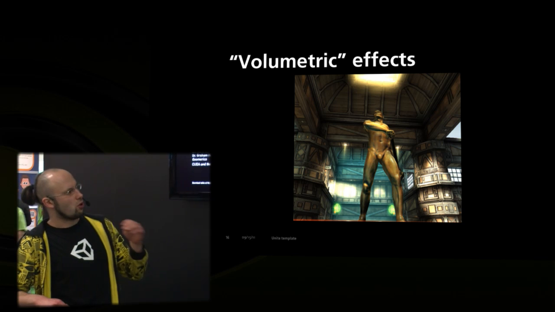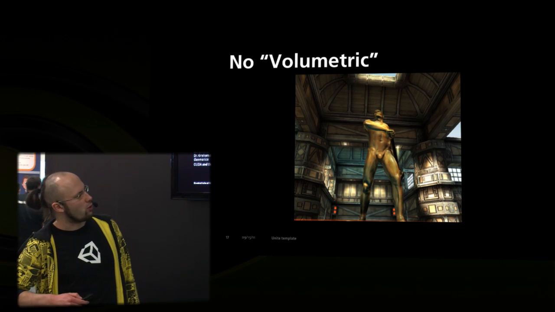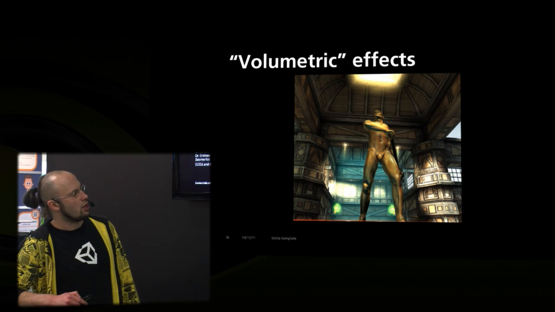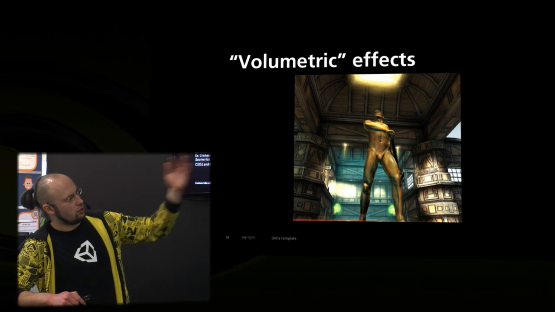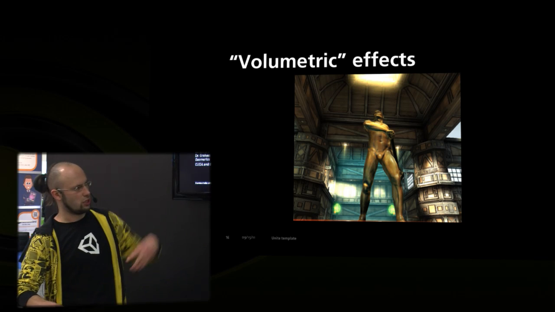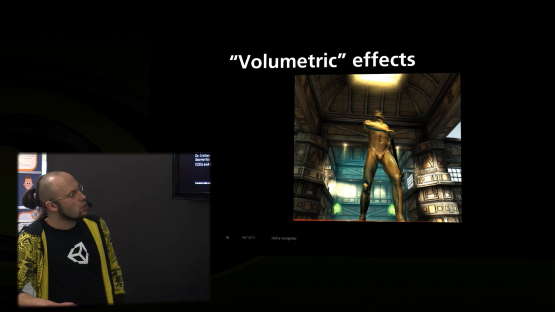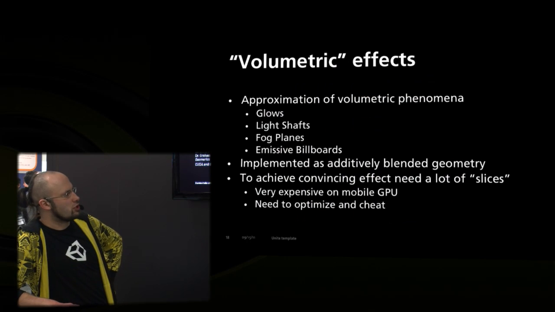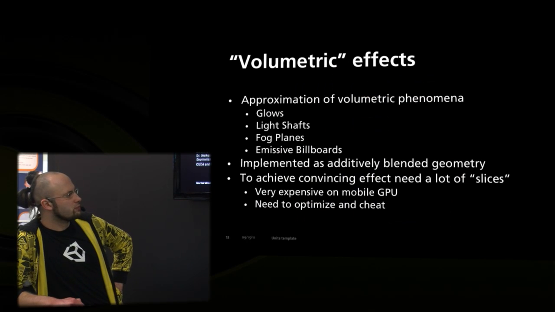So instead we opted, and I can show how the level looks without volumetric. It's much more flat and boring, and here it gives much more depth and interest. And it can guide you as well, gameplay-wise. So instead of doing the post-processing, we decided to do it in a smarter way.